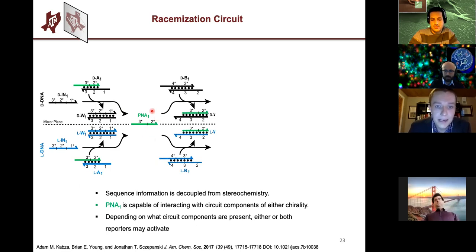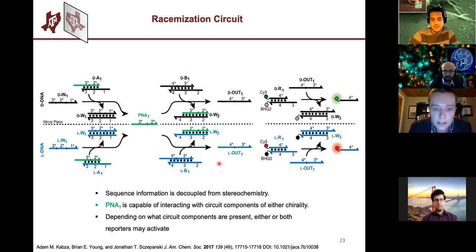Now, this PNA can go on to interact with duplex B1, so either the DB1 or LB1 down here. And this generates the output strand 4', 3' in either case. And this 4', 3' is designed to go on to open a reporter duplex, which in the case of the L stereochemistry has a Psi5 fluorophore with a quencher, and in the D stereochemistry, we have a Psi3 fluorophore with its quencher.